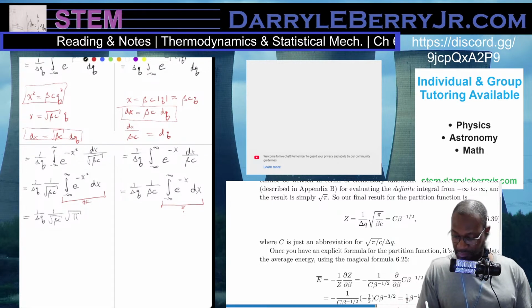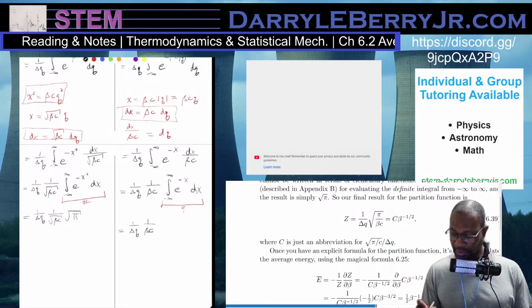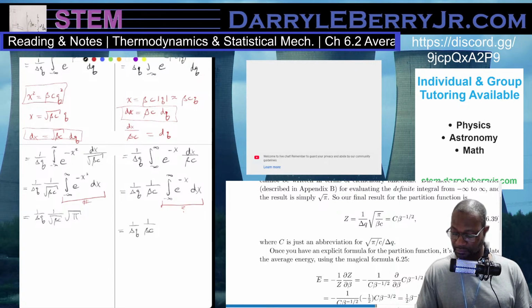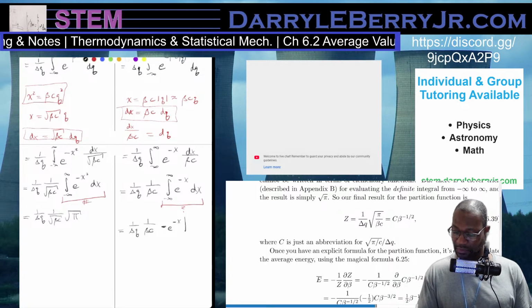So if I take this integral, that's 1 over square root of q, 1 over bc, and it's going to be e to the negative x divided by negative 1, from negative infinity to infinity.